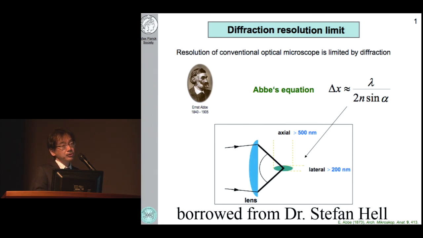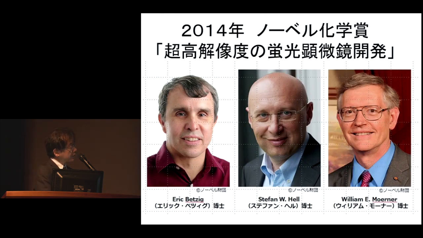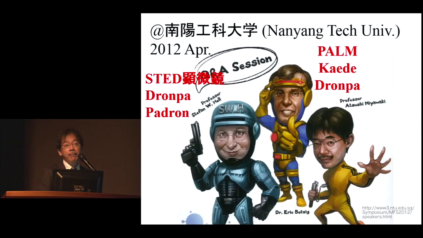But in order to break the diffraction limit, recently some new advanced microscopy systems have been developed. And Stefan Hell and Eric Betzig invented STED microscopy and PALM respectively, and in their proof of concept experiment, they used Dronpa.